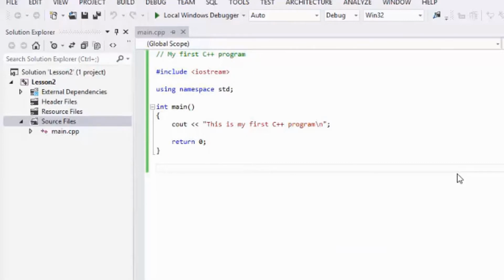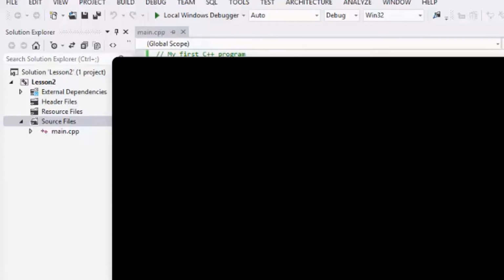We've written all these lines of code just to output, this is my first C++ program. Now, if I was a beginner, I would have no idea what just happened. So let's go back to the PowerPoint and break down step by step what I just did.